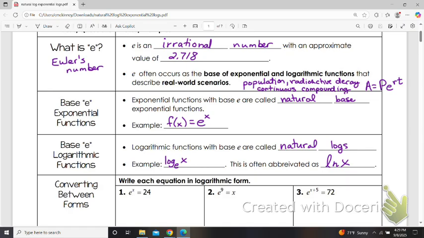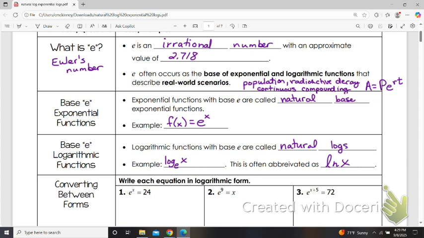But you'll see that on your calculator, that natural log of x. And then we don't need to write that the base is e, because if we use natural log, it's understood that the base is e. Also, there's a special button for that, and then we don't have to do change of base because there's a special button for that. So we can convert between log form and exponential form, just like we could with our other logarithms.